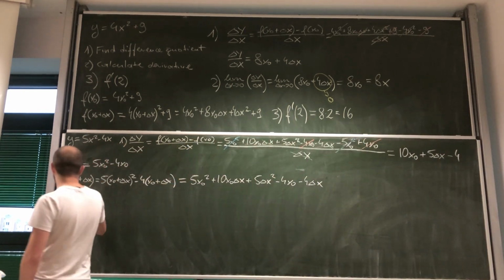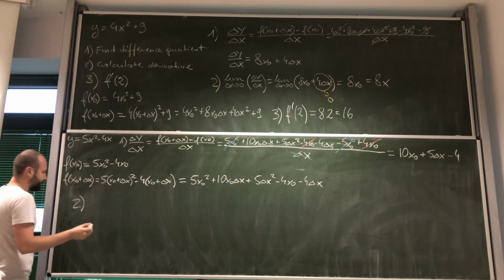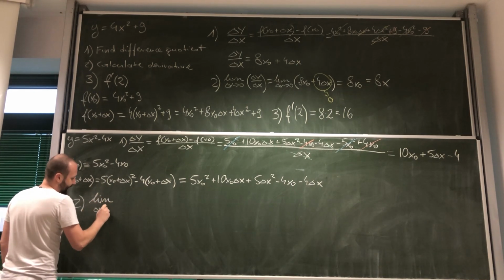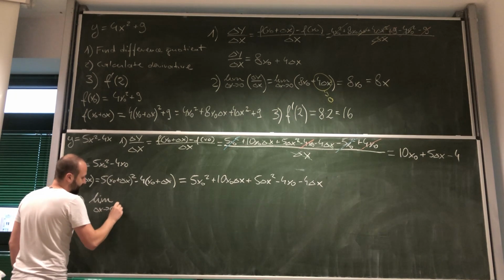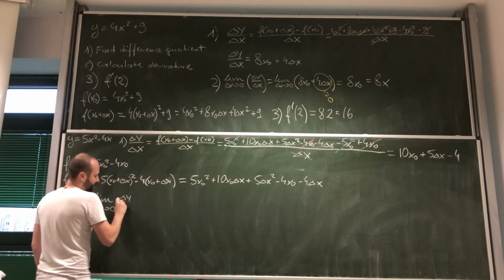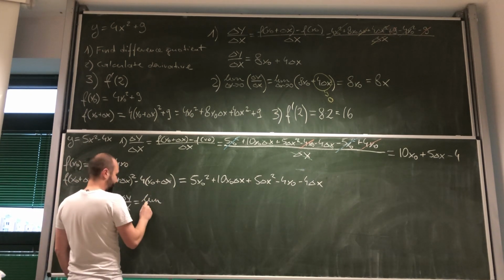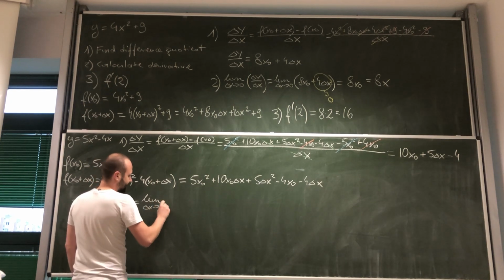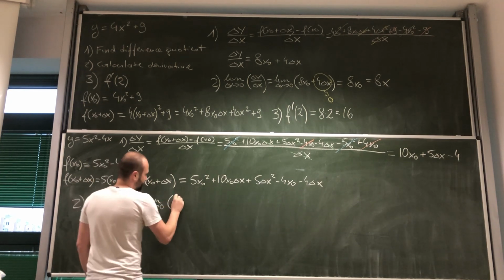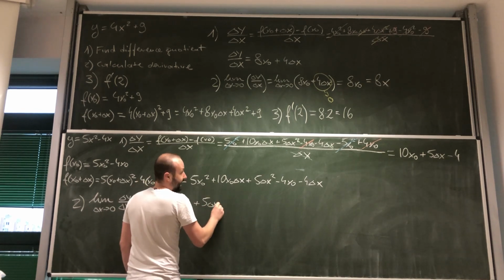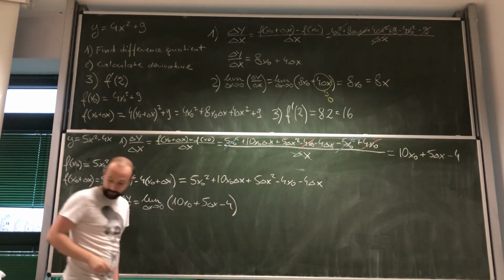So now let's go to point 2 and let's calculate the derivative. So we calculate the limit with delta x approaching 0 of delta y over delta x. So this is a limit with delta x approaching 0 of 10x0 plus 5 delta x minus 4.